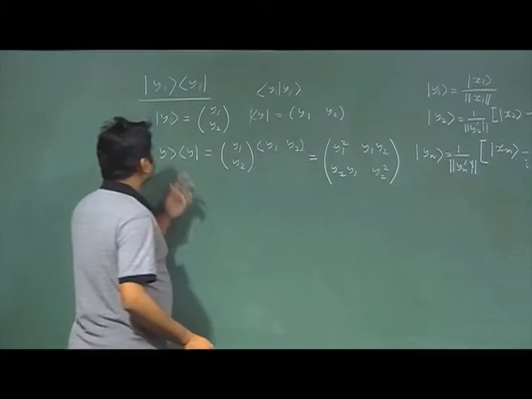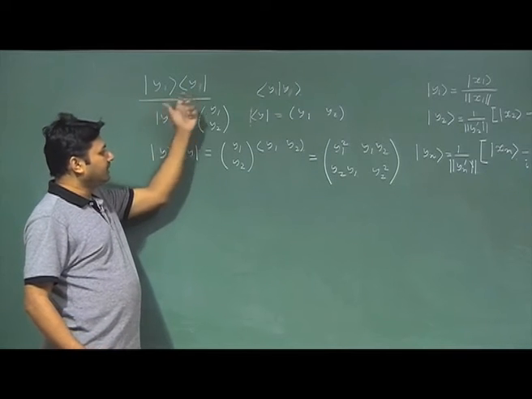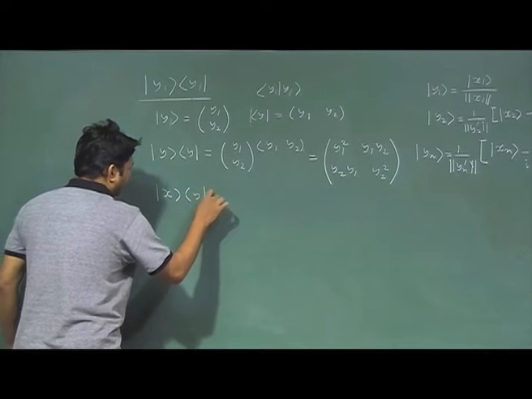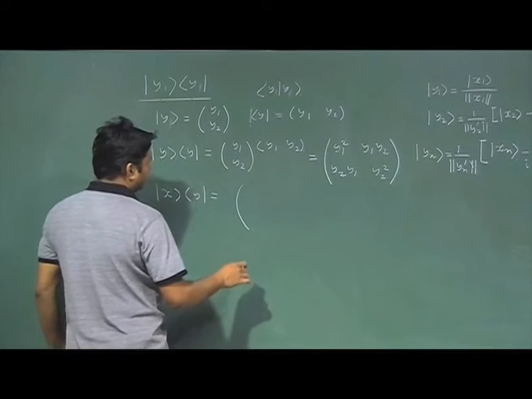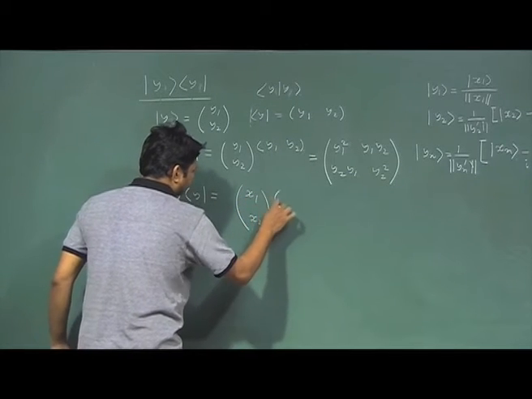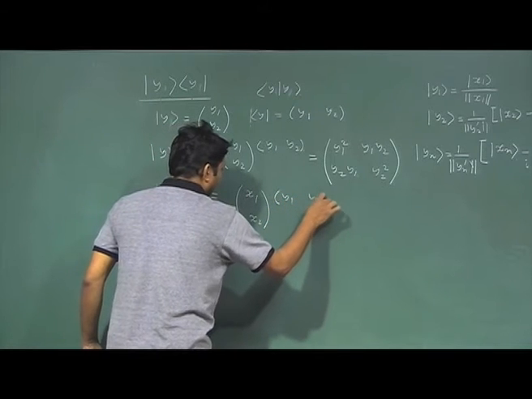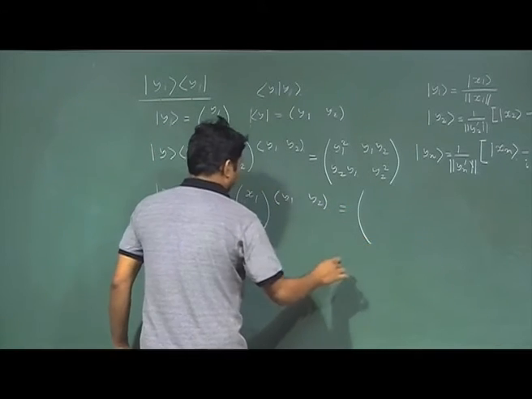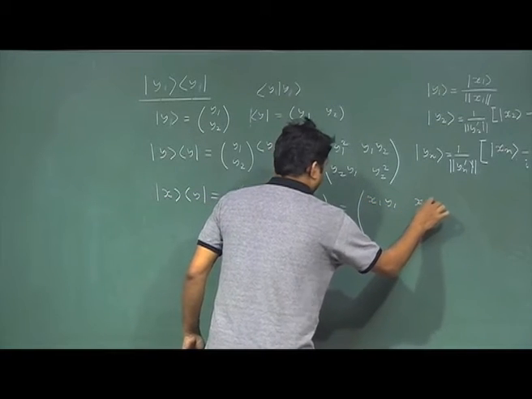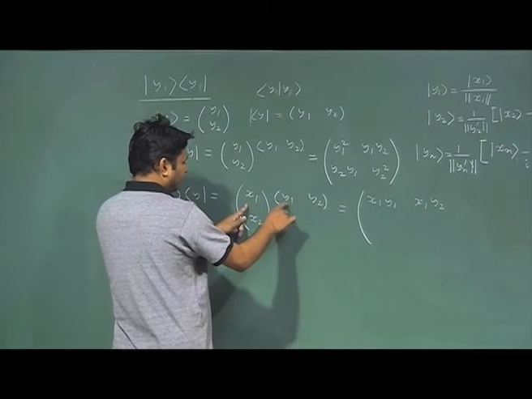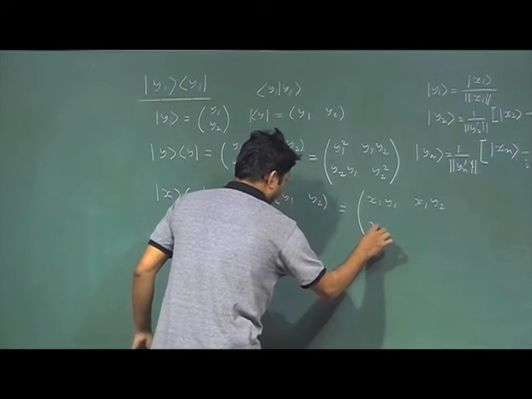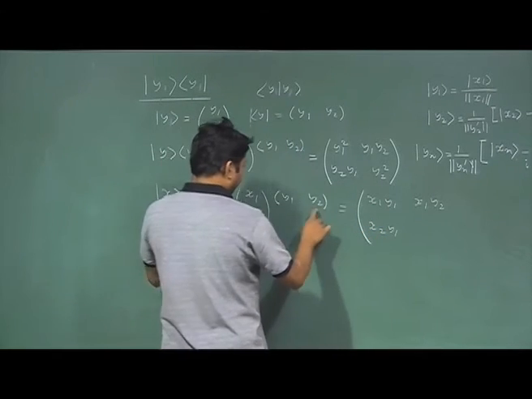If it is not y but x and y in general, with x1 x2 and y1 y2, then it will be x1 y1, x1 y2, and so on, each entry this multiplied by this.